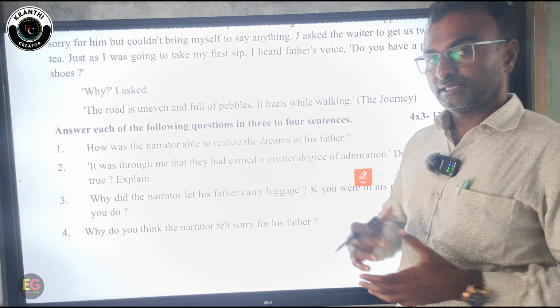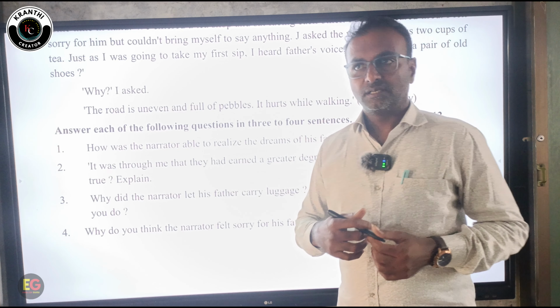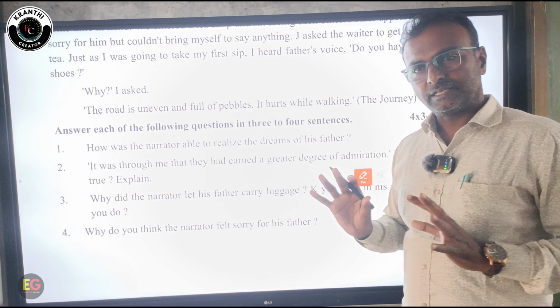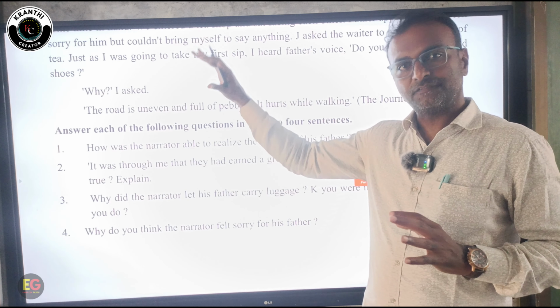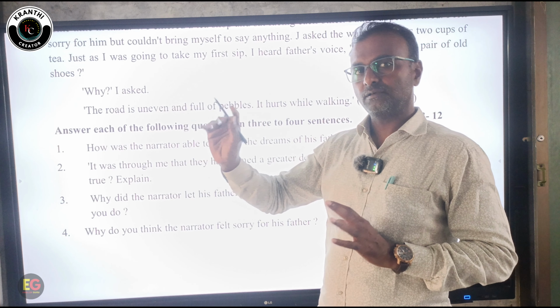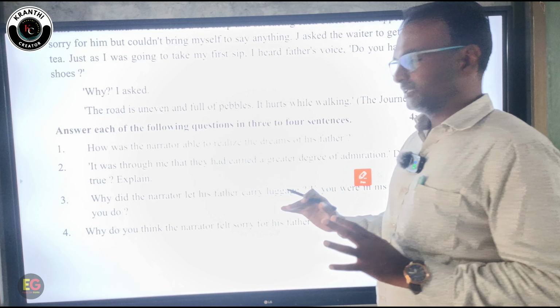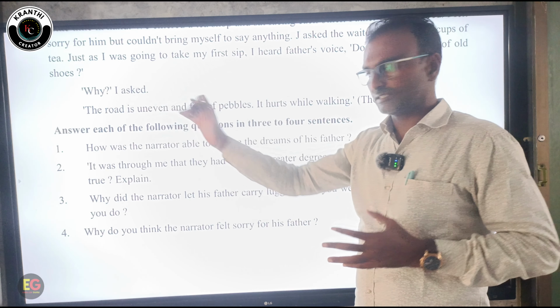Now let's check the pattern of the questions. Among those 4 questions, you will definitely find at least 1 or 2 questions given directly from the passage. You will find the answers in the passage. Those are called direct questions and can be answered by looking at the passage carefully.